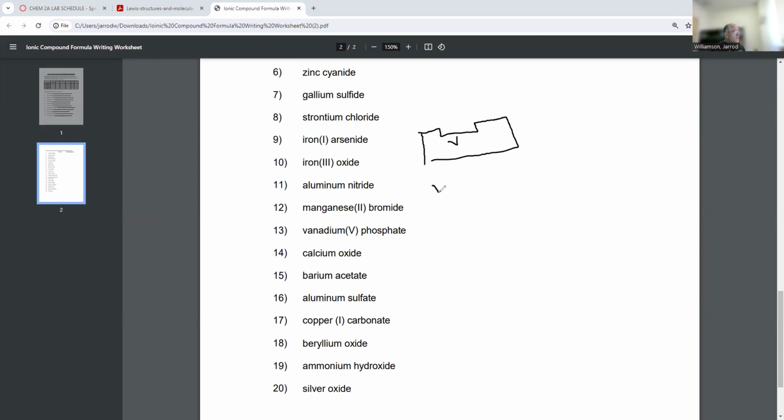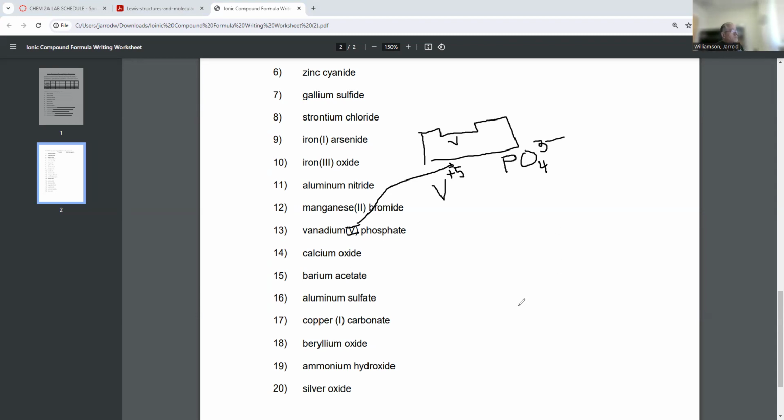That tells me vanadium has a symbol of V, and its charge is +5. This is a Roman numeral 5, and that means its charge is +5. Phosphate, when I look it up, is PO4, capital P, capital O, 4 with a 3- charge.